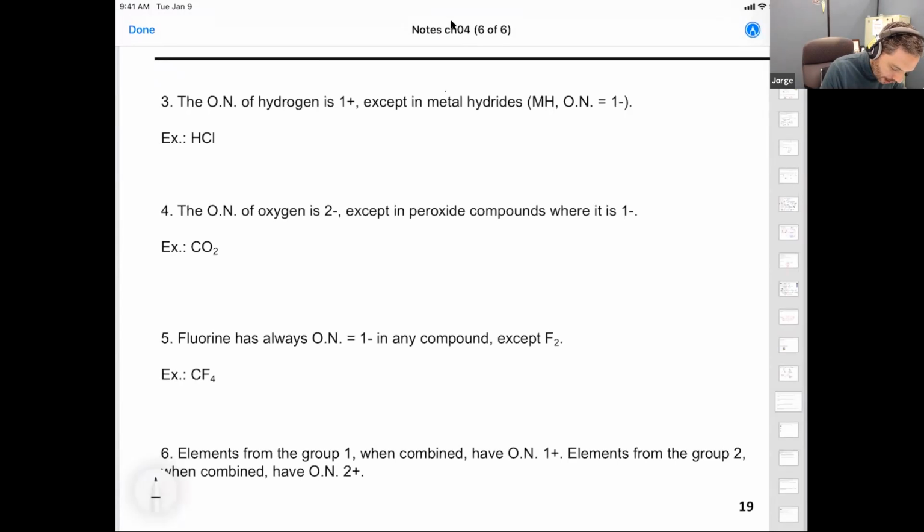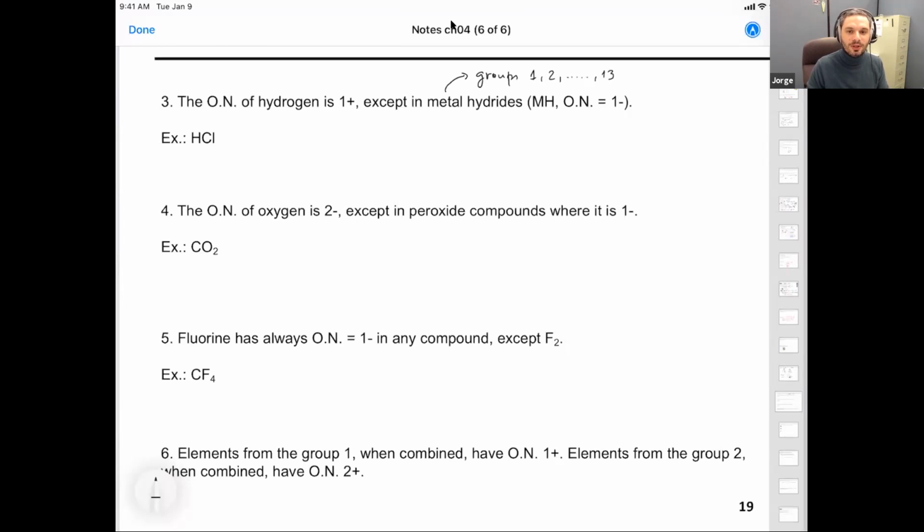Metal here is going to be any element from groups 1, 2, all the way to group 13. So hydrogen is very weak, therefore the oxidation number is in most cases 1 plus.